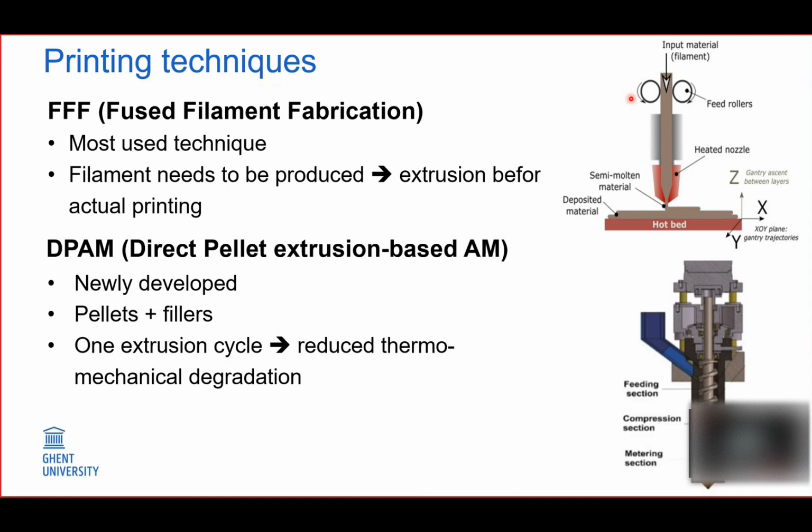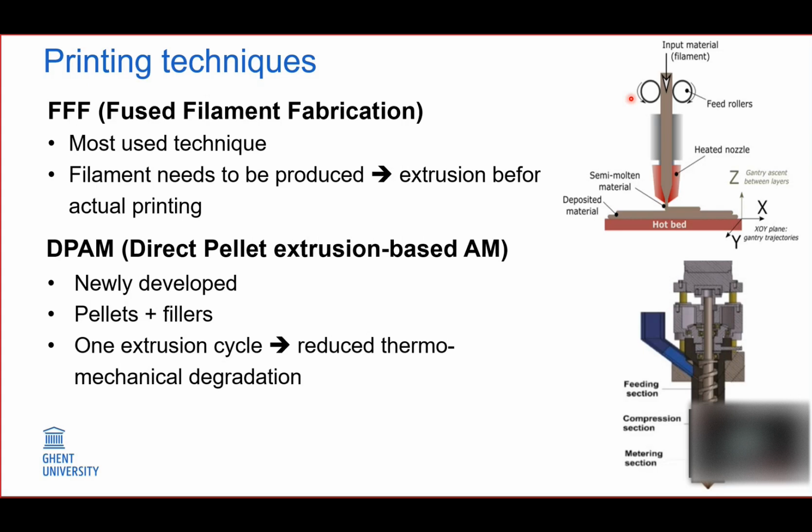Here we basically skip the step of filament production, and we take the pellets and the charge. If we are talking about a composite, we mix them in a single screw extruder, which is connected to a nozzle, and then this construction actually works as a 3D printer.